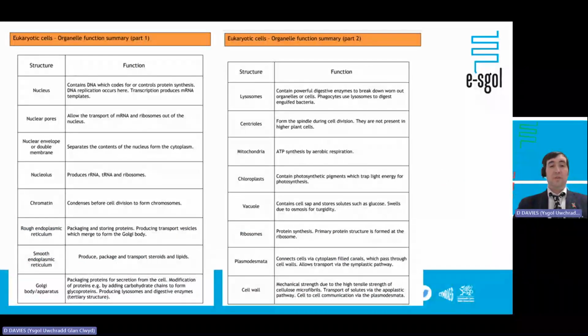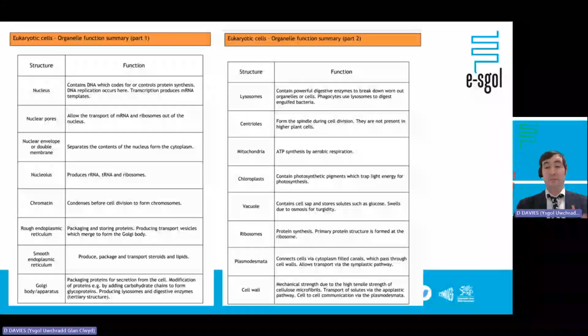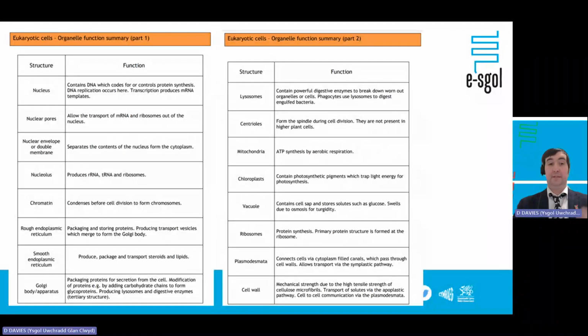So this is a list of functions of the organelles in a eukaryotic cell. Some of them are in plant cells, some of them are in animal cells. This is what I mean by it's a learny bit. You need to be able to recite and remember all of these functions at this level for all of these organelles.